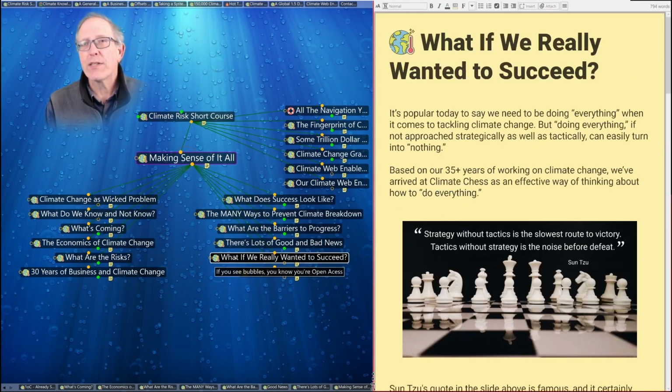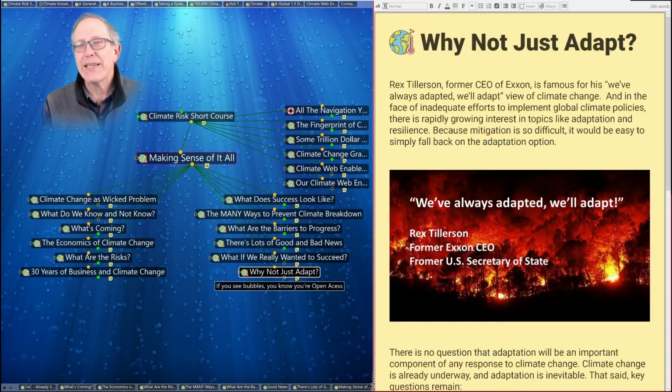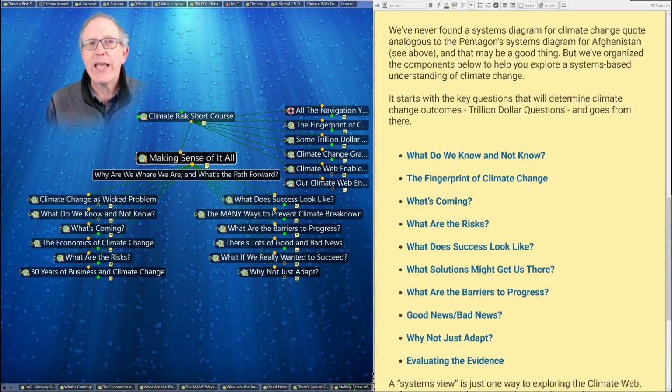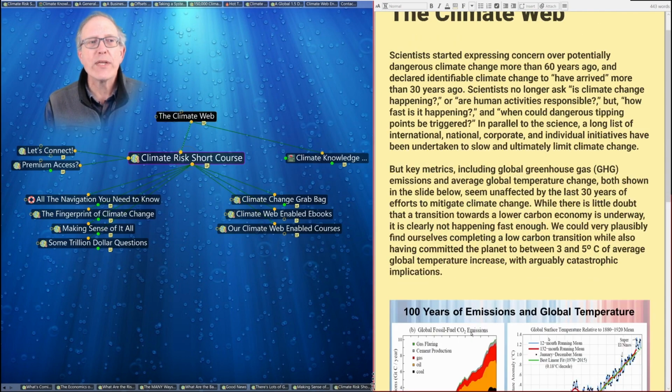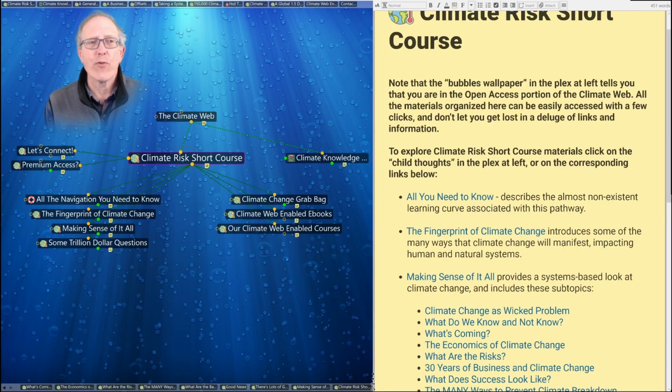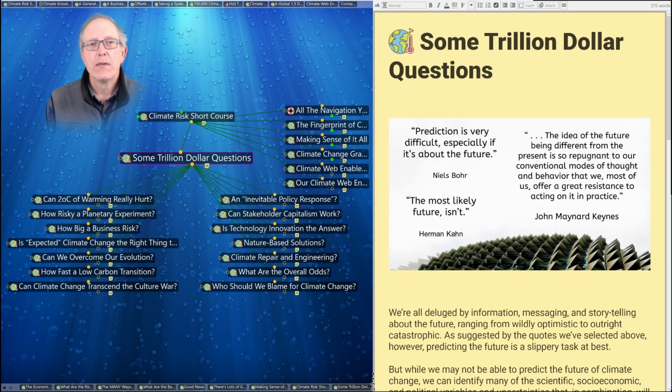What if we really wanted to succeed? What would we do? And this introduces the idea of climate chess. And why not simply adapt, which a lot of people are suggesting. So this really does provide a systems-based view of the topic of climate risk, which I think is very useful for people to have.